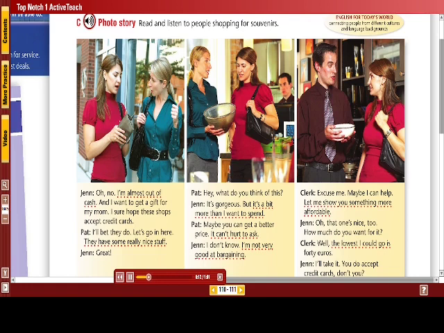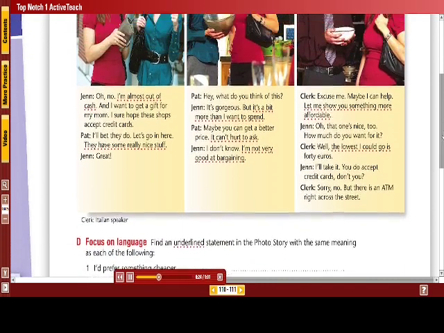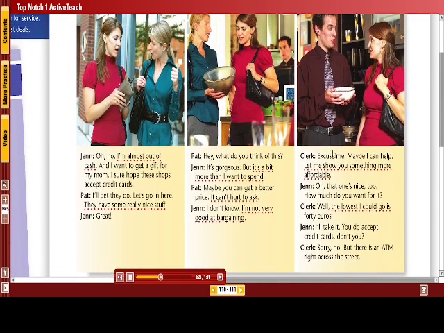Oh no, I'm almost out of cash, and I want to get a gift for my mom. I sure hope these shops accept credit cards. I'll bet they do. Let's go in here. They have some really nice stuff. Great. Hey, what do you think of this? It's gorgeous, but it's a bit more than I want to spend. Maybe you can get a better price. It can't hurt to ask.